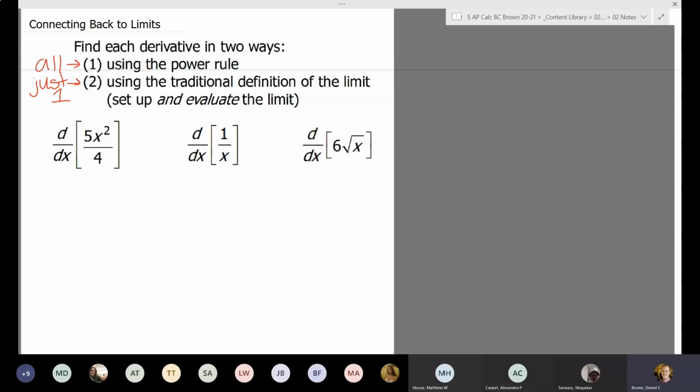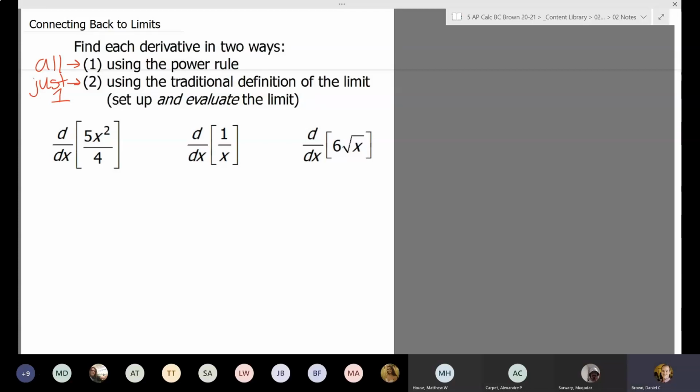And what you should see is that whichever one you pick, when you set up that limit using the traditional definition and simplify it, the final answer you get should be the answer you got when you did it using the rules. And I want you to do that just so you can see where these rules come from, but also to appreciate that these rules exist so that we don't have to do limits over and over and over again for these problems.